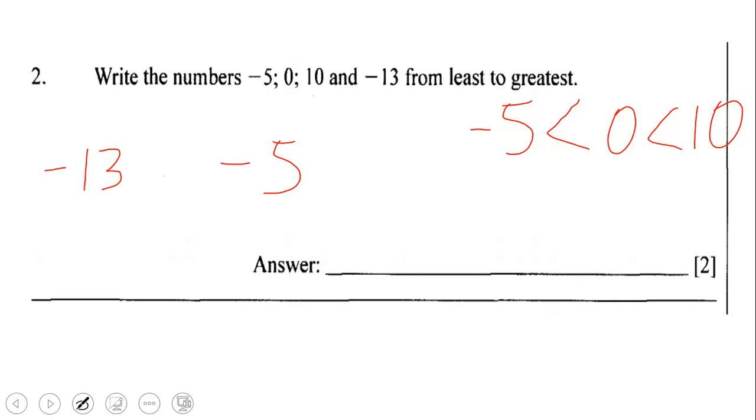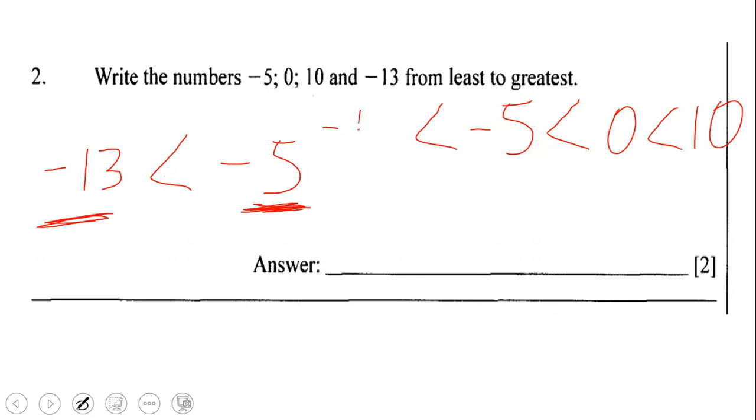Is it better to owe someone $5 or to owe someone $13? Indeed, it is better to owe someone $5 than to owe someone $13 because you would be more in debt. So indeed, -5 is greater than -13.